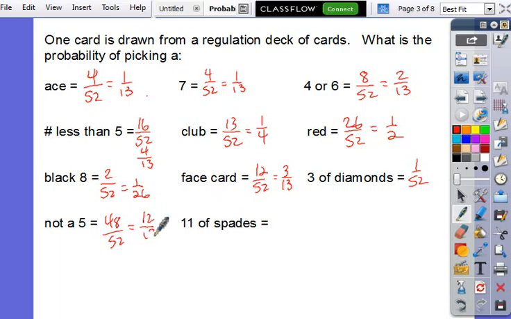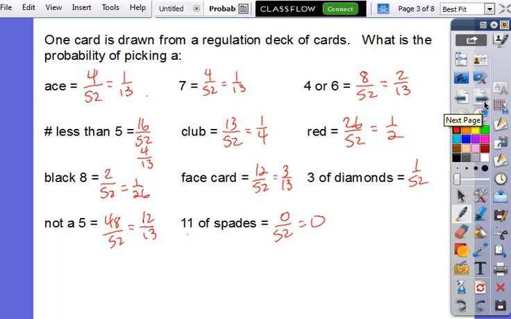All right, 11 of spades. How many 11 of spades are there? Ain't no 11 of spades. Exactly, there's not one. So it'll be 0. All right, on the cards part, if it messes you up, you can do this.